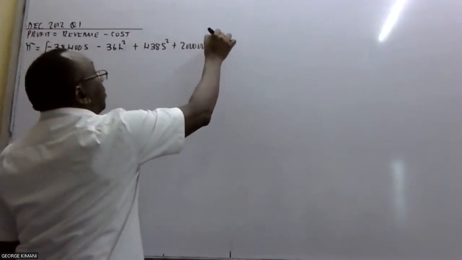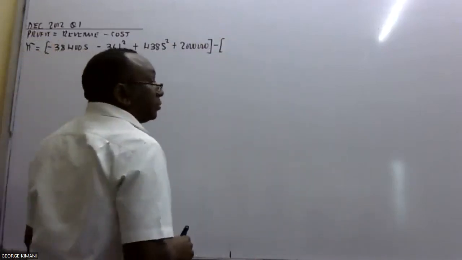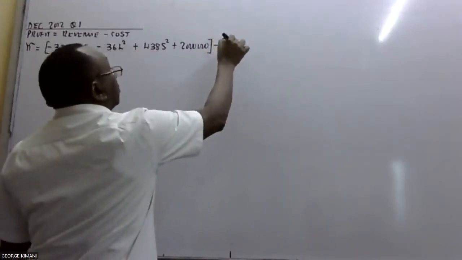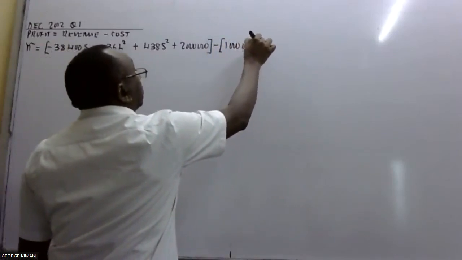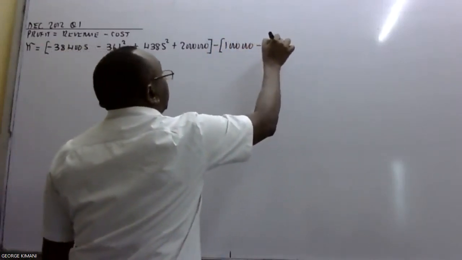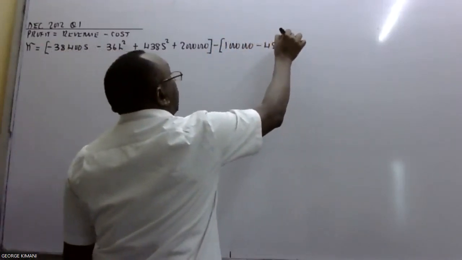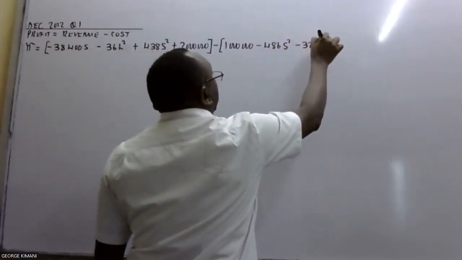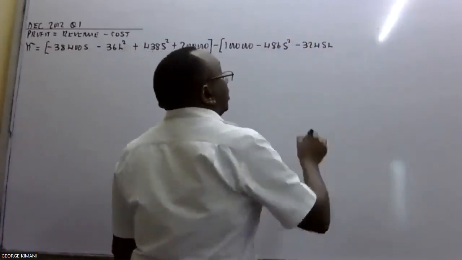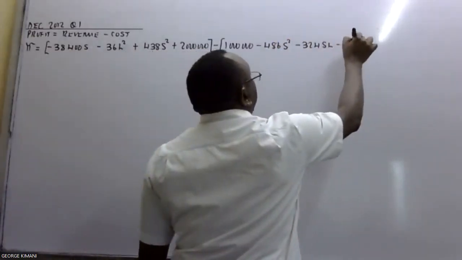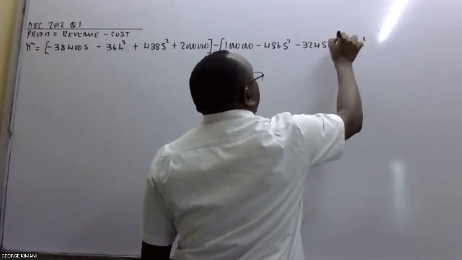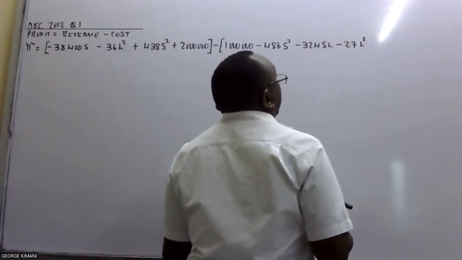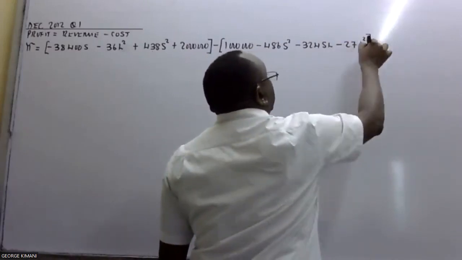Display the function for costs. 1 million plus 486 S squared plus 324 SL plus 27 L squared. That's all. Good.